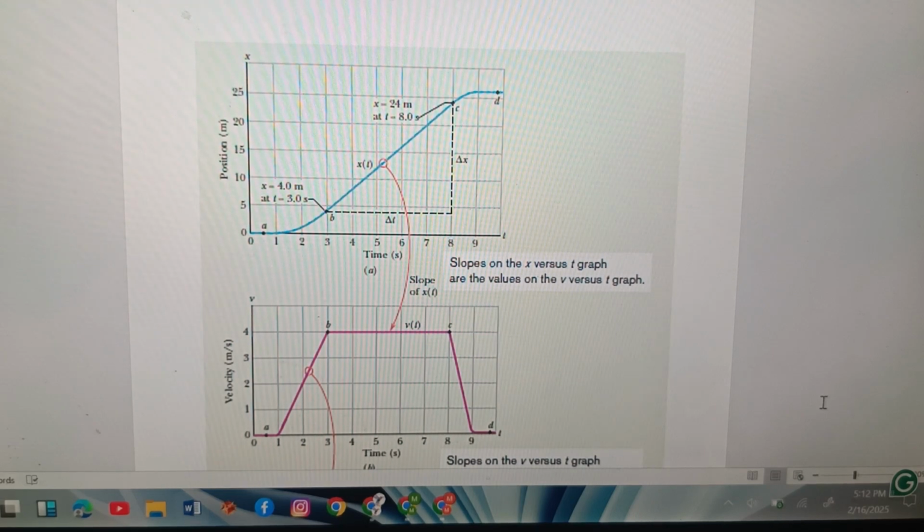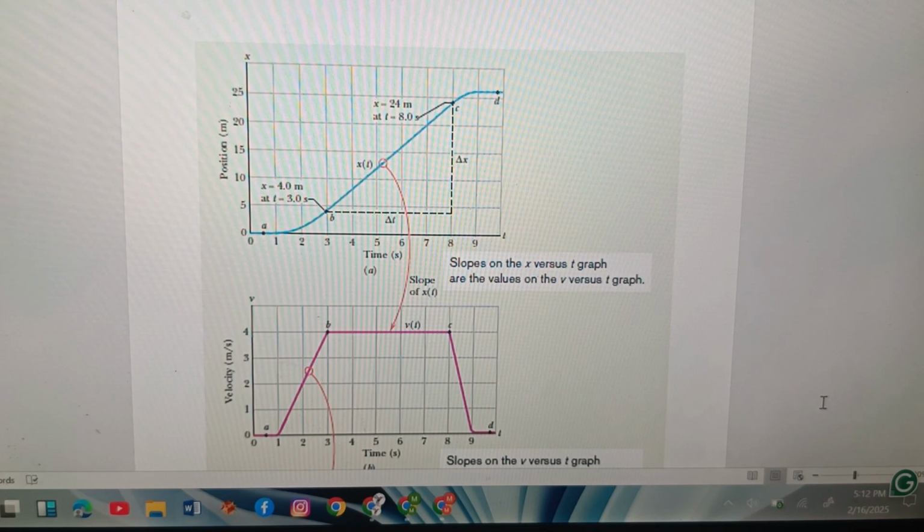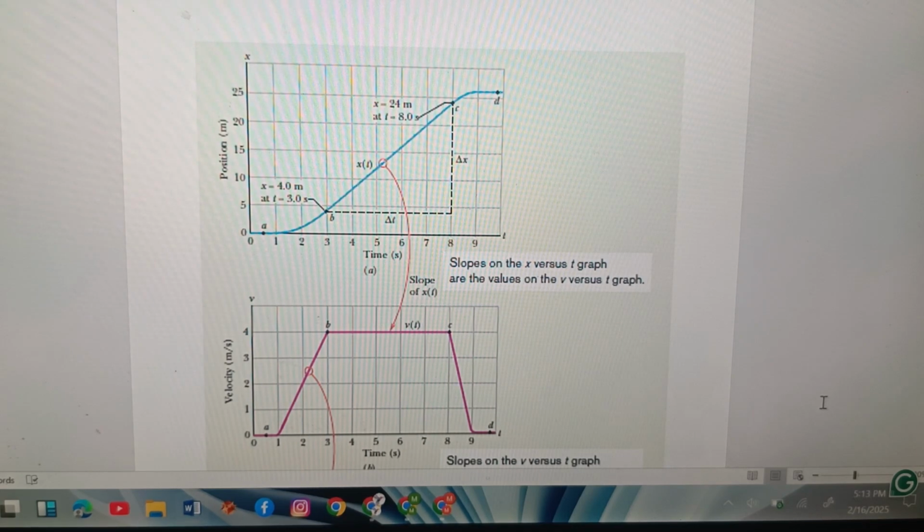As you can see, initially there is no movement. As time increases, the position changes, and it increases up to B, and at B it travels a lot of distance and reaches point C, and from there it again stops moving.